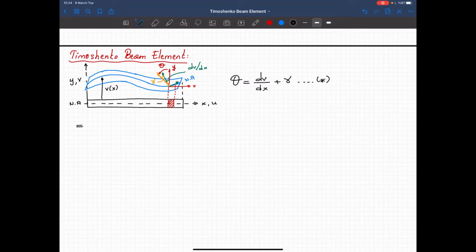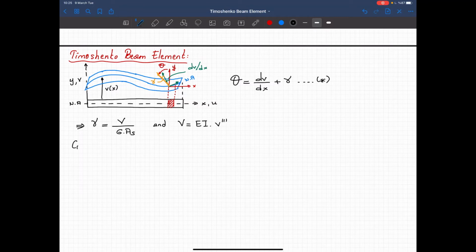Now we know that the shear strain is equal to shear divided by G times A_S. And from the strength of materials, we know that the shear force is equal to EI times the third derivative of the transverse displacement.